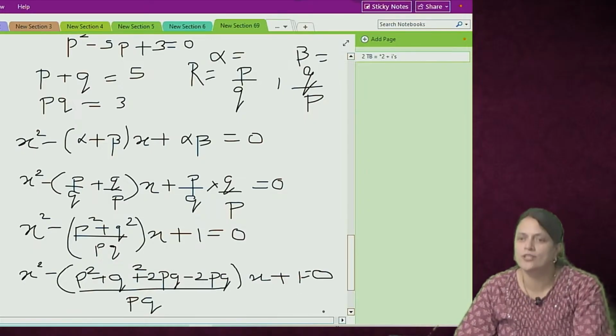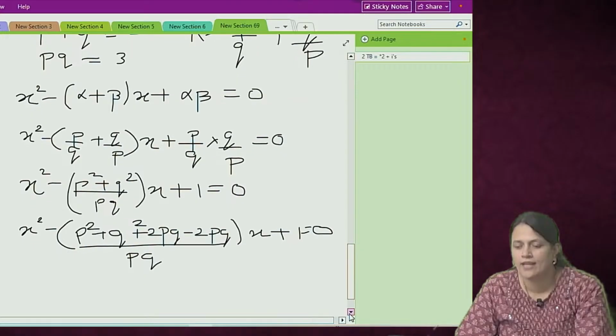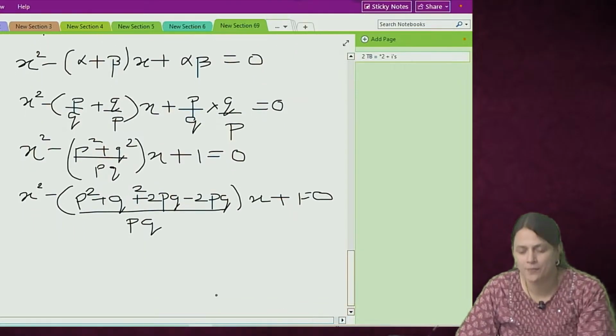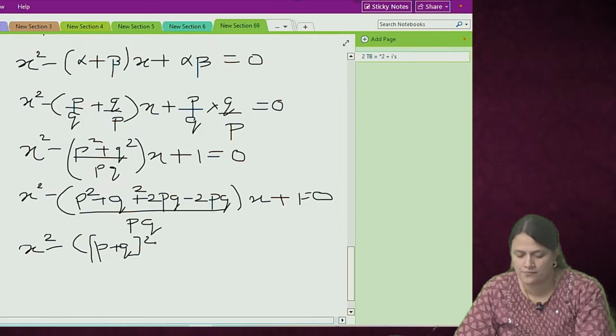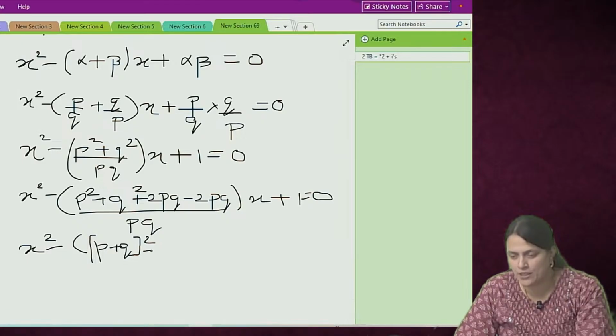So everybody has understood this now. Okay. Now we know p square plus q square plus 2pq is nothing but p plus q whole bracket square. Minus 2pq.